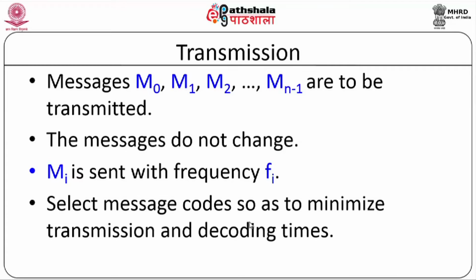We will take one simple example of the transmission problem, where we have messages from M0 to Mn-1. Let us assume that the messages do not change and the message is sent with frequency Fi. So, the logic is how to select the message code so that we can minimize the transmission and decoding times.